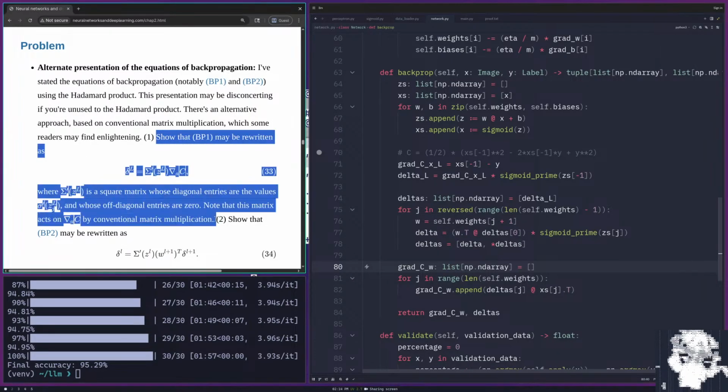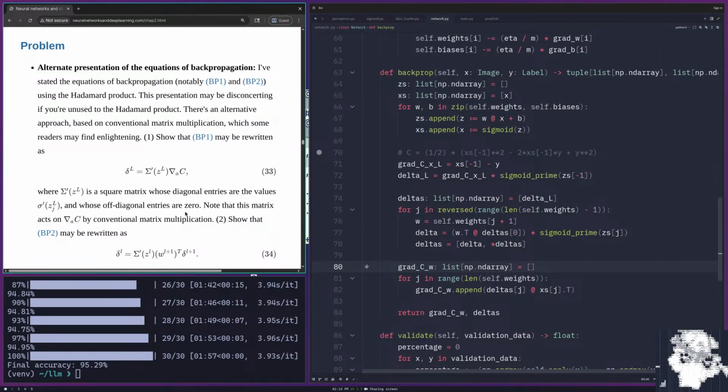It's so obvious that that's true that I don't want to try to prove it. If it's not obvious to you, just think about what you're doing when you're doing a Hadamard product. You're multiplying row by row the values together.